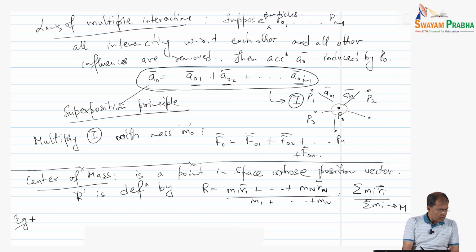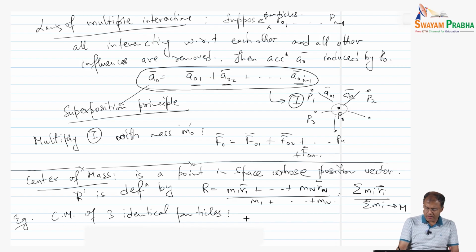So what I just said is, suppose we want to find the center of mass of three identical particles, and then we see that the center of mass is given by summation mi ri divided by M, right, where all the masses are equal, so we can take the mass m out of this summation.